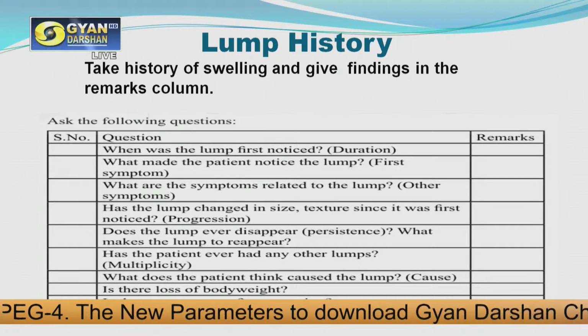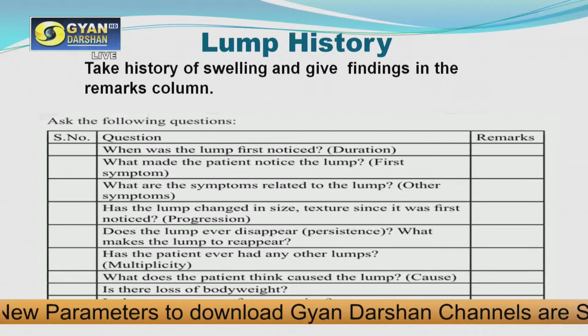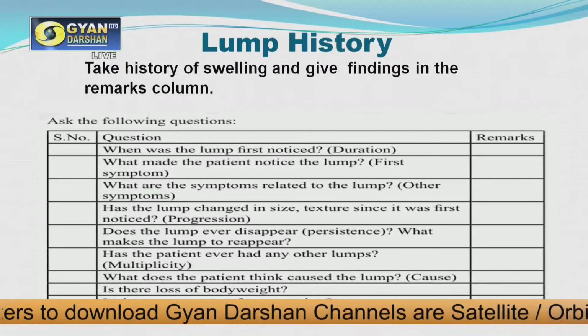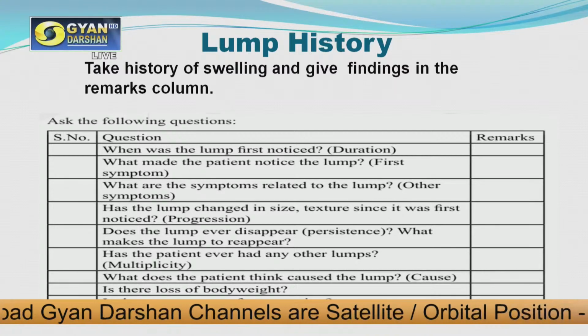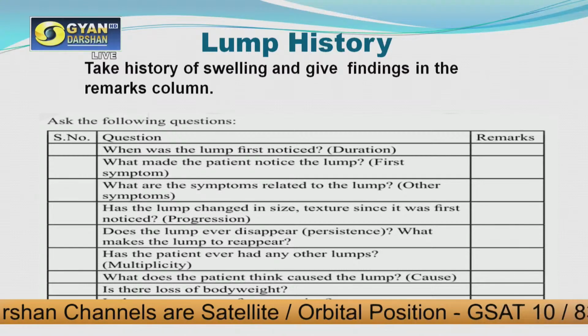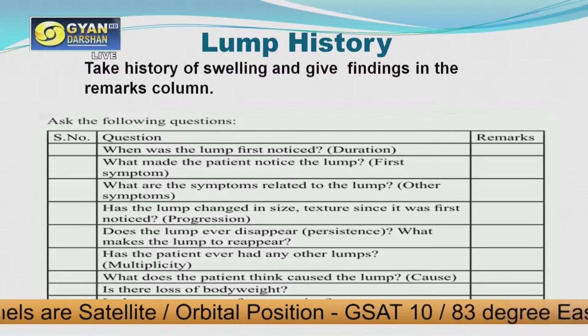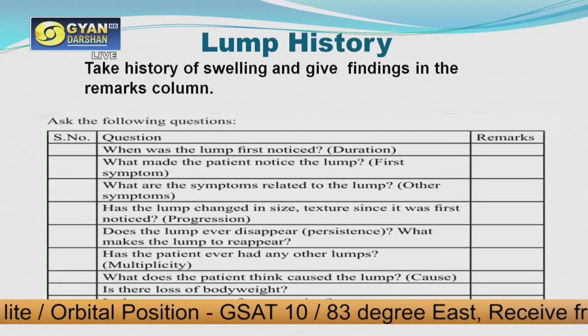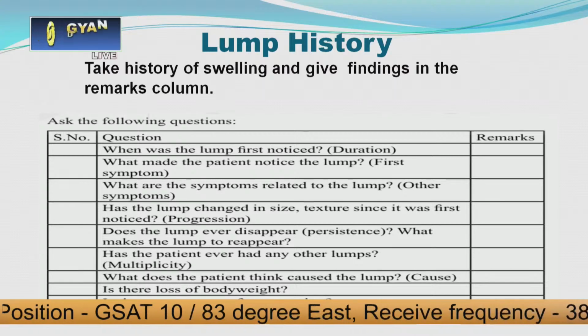Are there other symptoms associated with it? Has the lump changed in size or texture since it was first noticed? Because the patient gets a lump but may not come at the same time, and sometimes patients delay it so much, maybe for months, to come and get their checkup done.